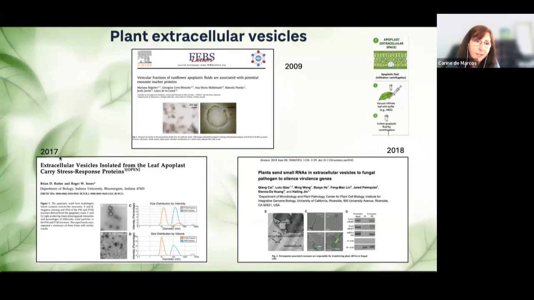And then we had to wait until 2017 and 2018 for two papers from two different groups who have shown that extracellular vesicles carry stress response proteins that are fighting against pathogens, from the group of Roger Innes in Indiana, and the second group led by Hailing Jin in Riverside, who have shown that plant extracellular vesicles carry RNA that can also fight against pathogens.